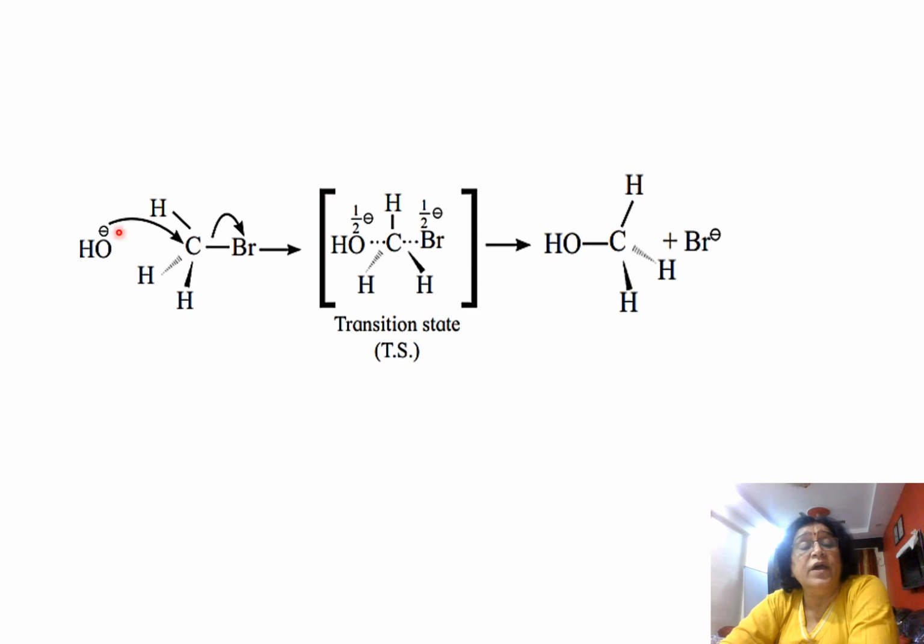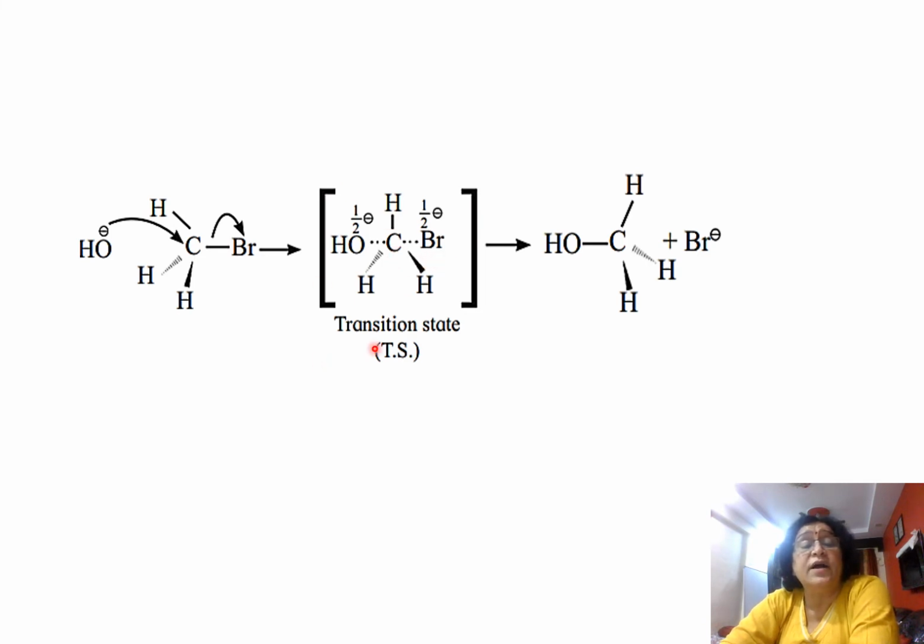So when the OH attacks methyl bromide, what happens basically? The molecule gets restructured. So here you see the 3 H bonds shift into the trigonal form and the OH starts forming a bond with carbon and bromine starts leaving.